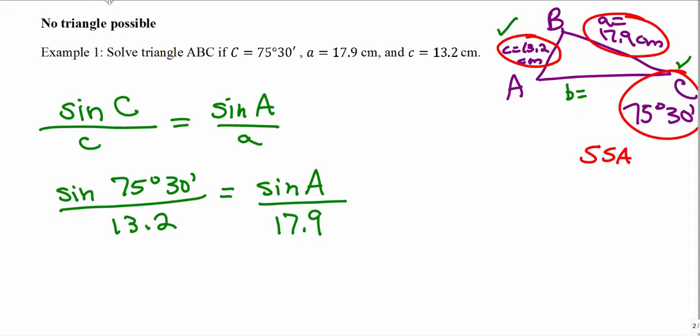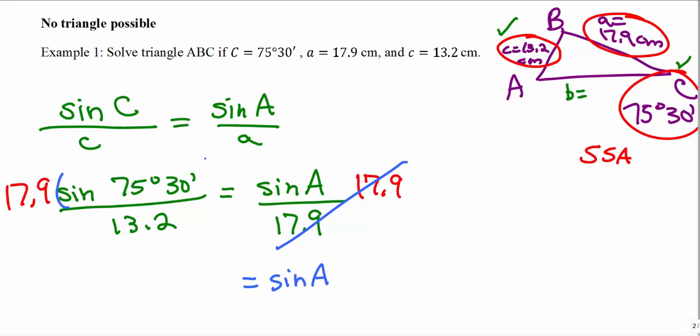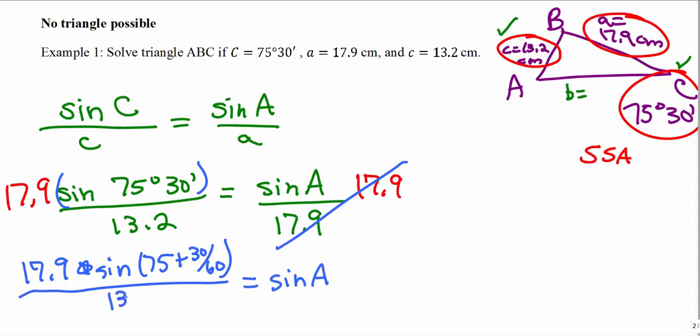Now we want to get sine A by itself. Our ultimate goal is to figure out what angle A has to be in order to make this statement true. We're going to multiply both sides by 17.9, and now we have sine A by itself. We're going to put this into the calculator, and keep in mind that we need to convert to decimal degrees, so I'm going to write this as 17.9 times sine of 75 plus 30 divided by 60 minutes, all of this divided by 13.2.